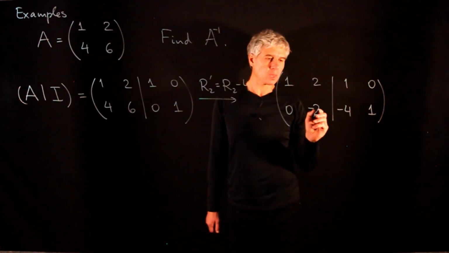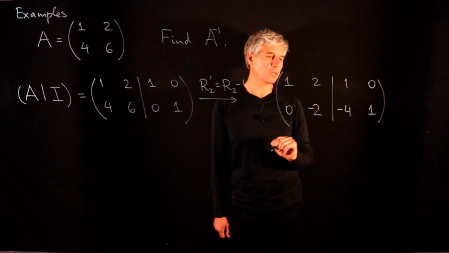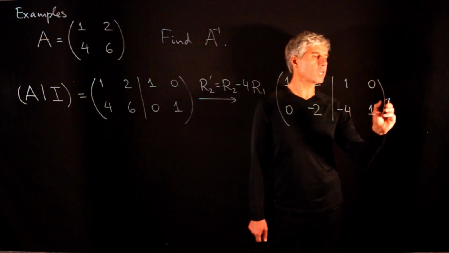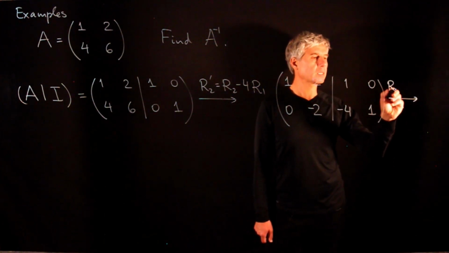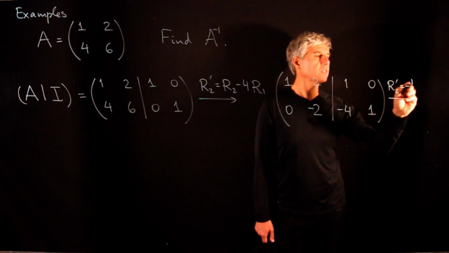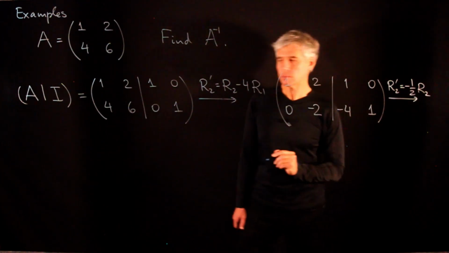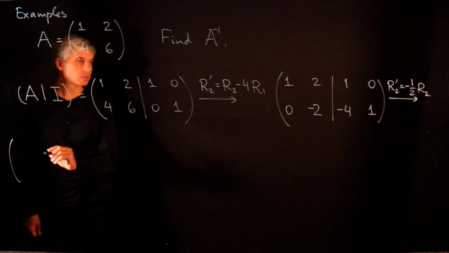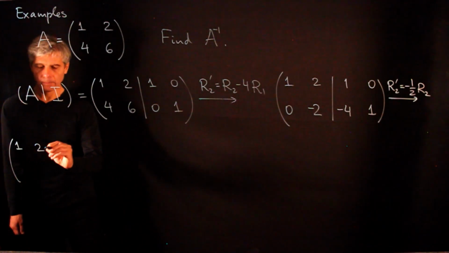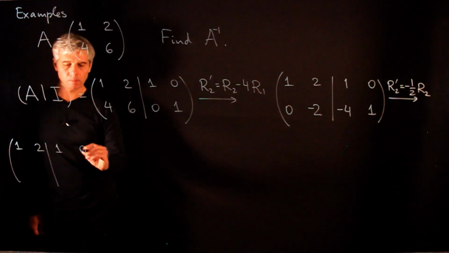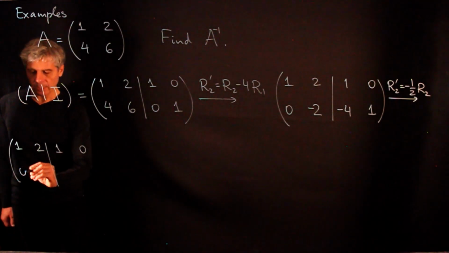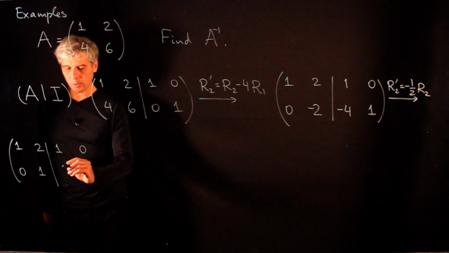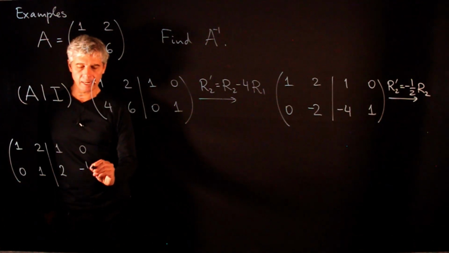So now we want to create a pivot in this second row. So to do this, we multiply the second row by negative 1/2. And the matrix will become 1, 2, 1, 0. And so here we get 0, 1, and multiply by negative 1/2. So this will become 2 and negative 1/2.